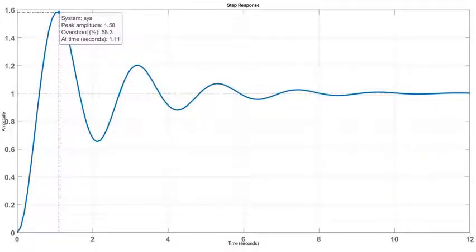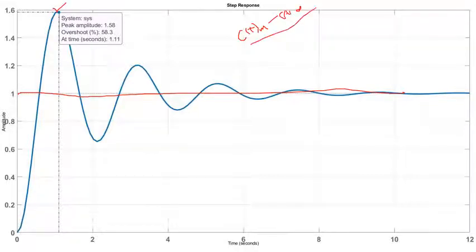For this system the peak overshoot can be identified by plotting its transient response for the unit step input. Look here guys, this is your input line. Maximum overshoot is defined by c(t) max minus c(t) infinity upon c(t) infinity.